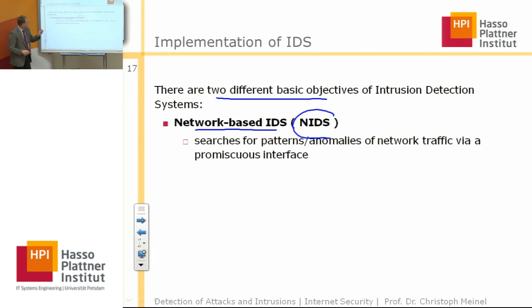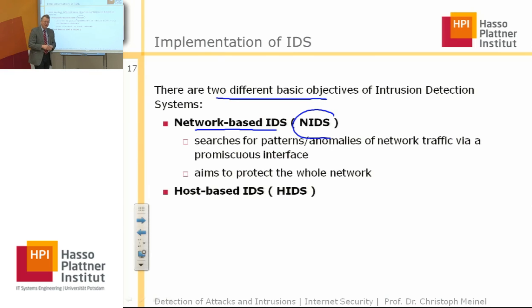Here, the goal of the system is to search for patterns or anomalies in the network traffic. This can easily be done by a promiscuous interface where all the traffic is observed and analyzed. The aim is to protect the whole network.